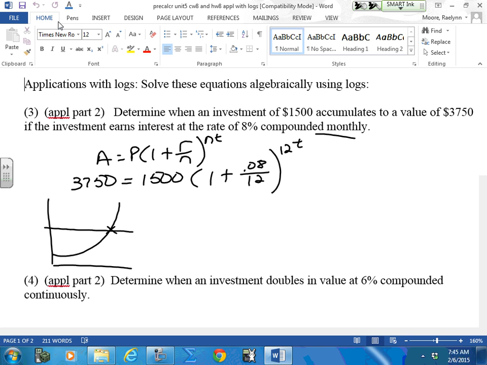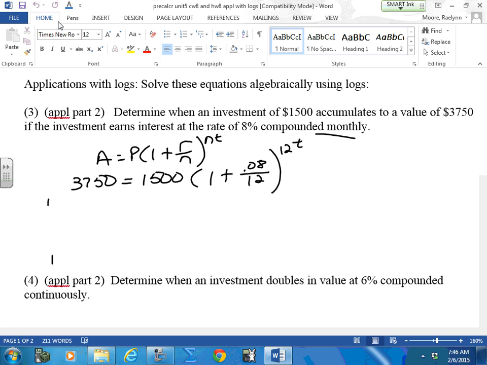So now that we know how to do logs, we know how to bring down your exponents. Now, if it's possible, you have like 2 ways to do this.